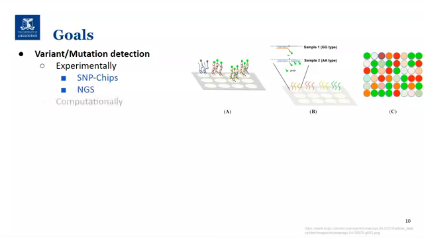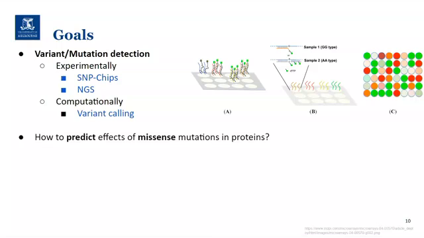And this is today. And for Friday, we want to go into the actual methods that have been developed over the last few years to ask the question, how do we predict effects of missense mutations in proteins? Okay? And we're going to talk about computational approaches, both those that look just at the sequence information, and those that use the structure information to quantitatively and qualitatively predict effects of mutations.